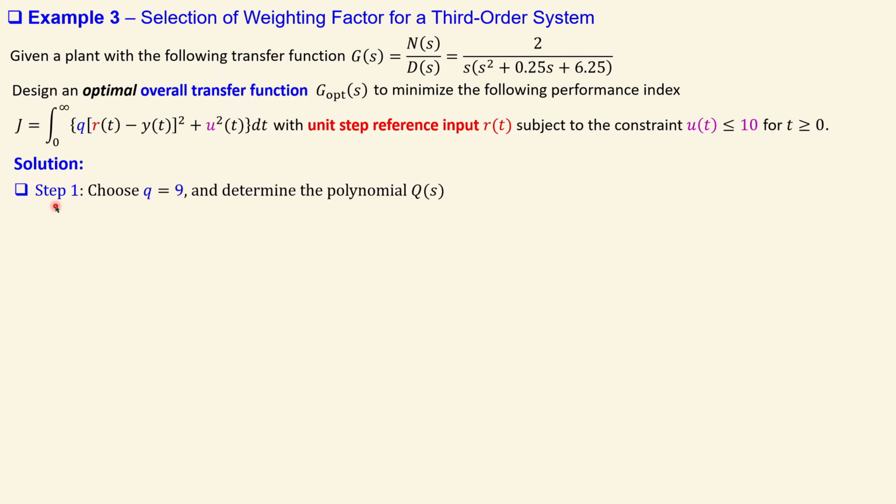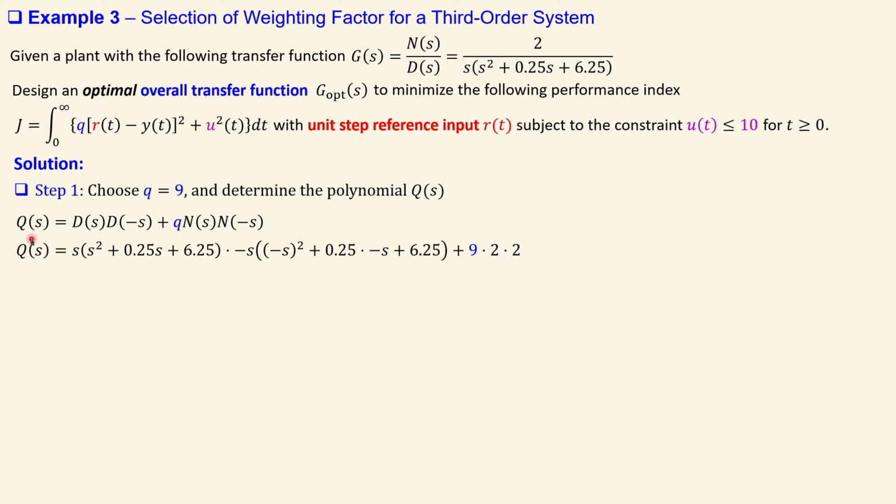So step 1 is we just choose something. So let's say q, and determine the polynomial. The small q is this, and the capital letter Q for the polynomial is then this one. We have our 9, 2, and 2 for our n. So we have everything, and this will be our solution for the capital letter Q for the polynomial.